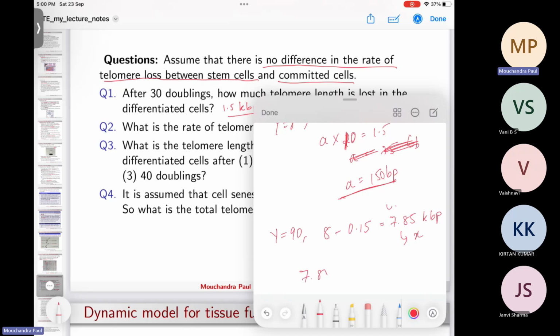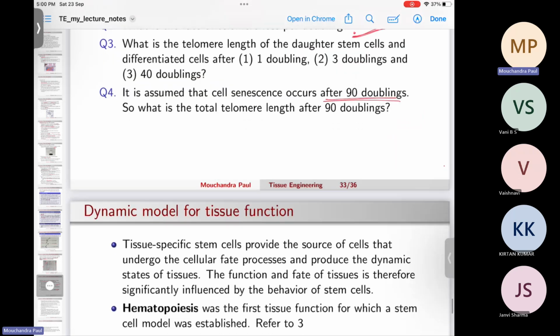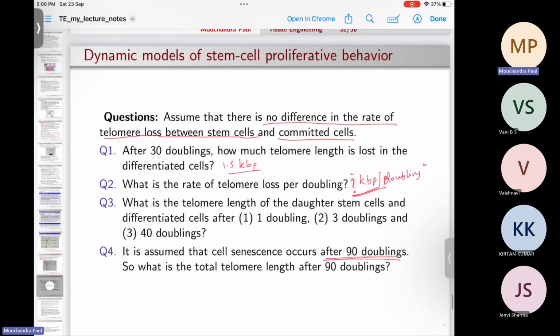The 7.85 minus 10 into 0.15, this will be y. So solve for y, you will get the telomere length. Okay. So now you can do a similar kind of questions if it is given to you during the quiz.